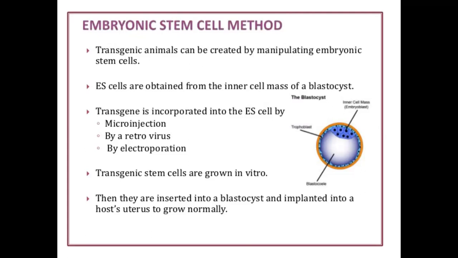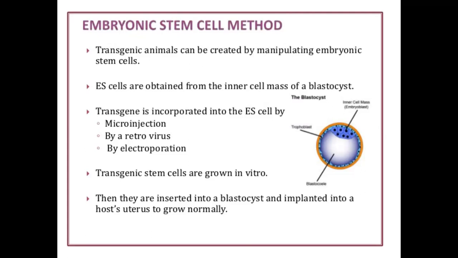The transgenic stem cells are grown in vitro, then inserted into the blastocyst and implanted into the host uterus. Implanting means we are taking and placing it into the host uterus, where they will grow normally.